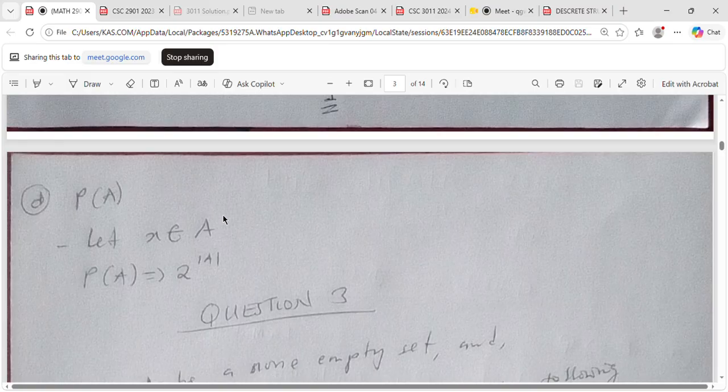So for us to define what a cardinality is, the set must be a non-empty set. And if it is a non-empty set, it has X elements. Okay, it has at least an element. So we are just saying we assume X is a member of A, which makes A not an empty set.